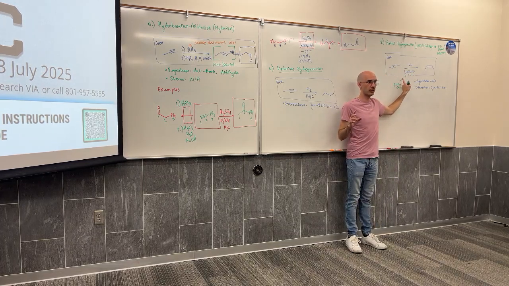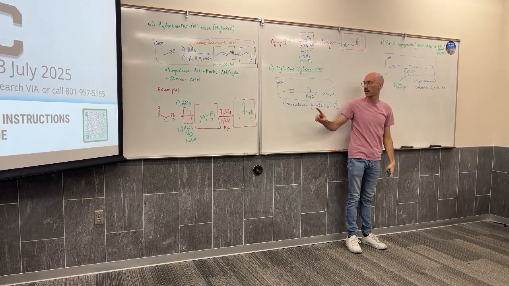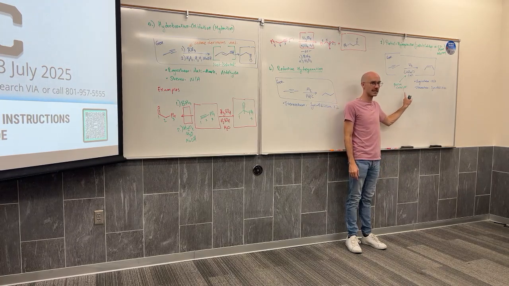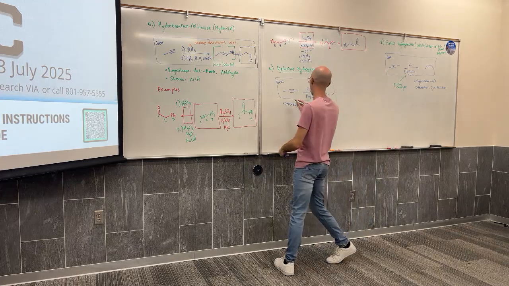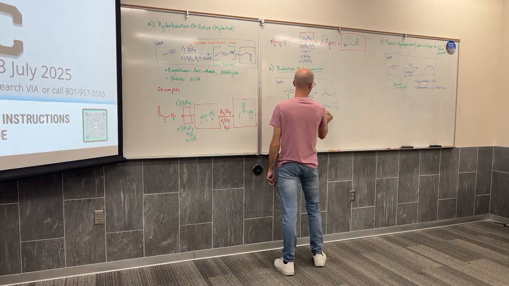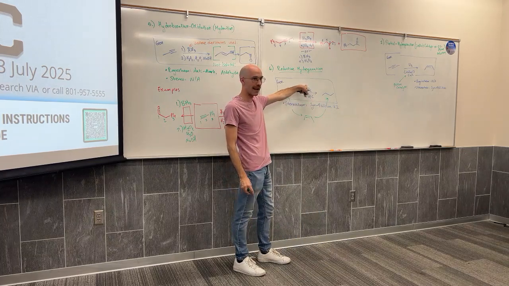This partial hydrogenation is the first step of this full hydrogenation. Without Lindlar's poison catalyst, this alkene forms. But then, as we know, this alkene continues to react.